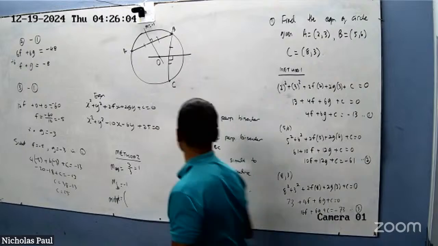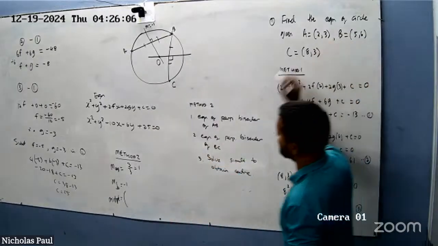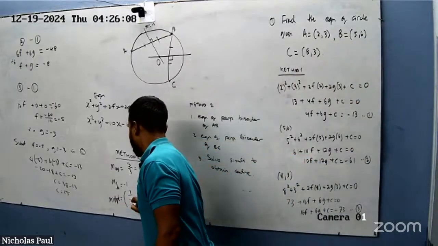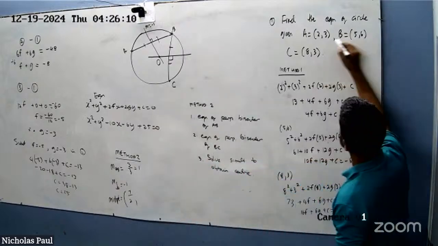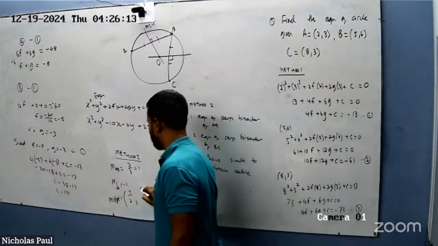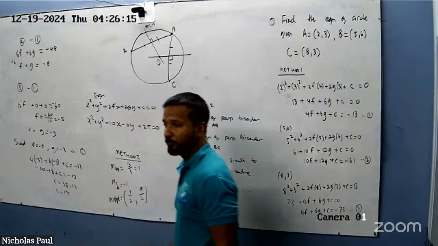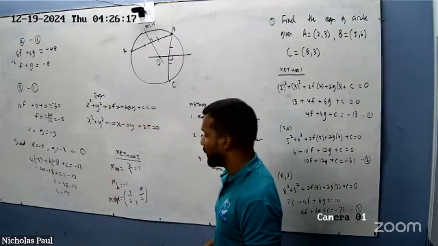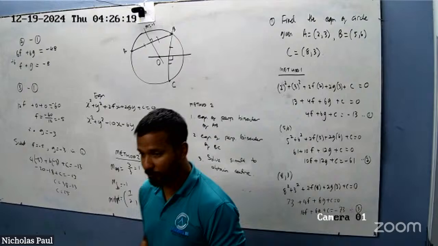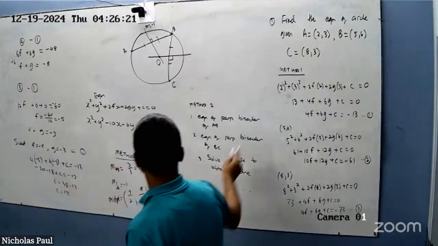The midpoint will be 5 plus 2, which is 7 on 2, and 6 plus 3, which is 9 on 2. Are you okay with that? That's the midpoint.